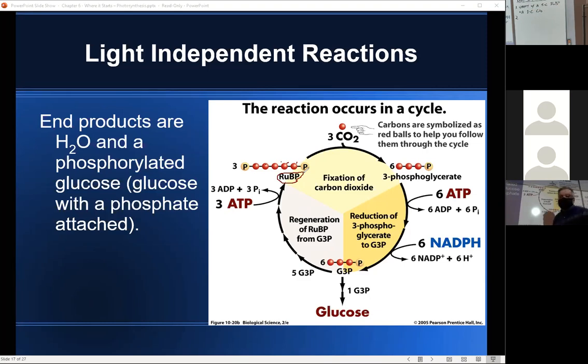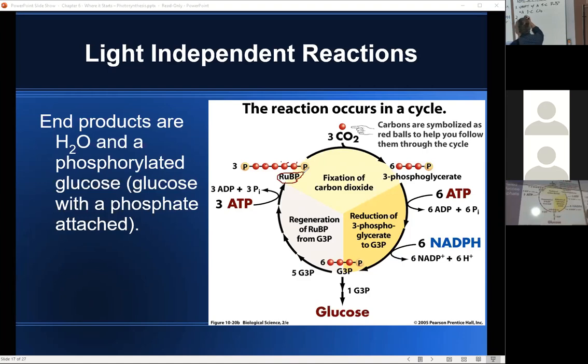When we join the 5-carbon ribulose bisphosphate together with the 1-carbon CO2, we get a 6-carbon molecule, obviously. However, that 6-carbon molecule is very unstable, and it almost immediately breaks into 2 3-carbon phosphoglycerates.